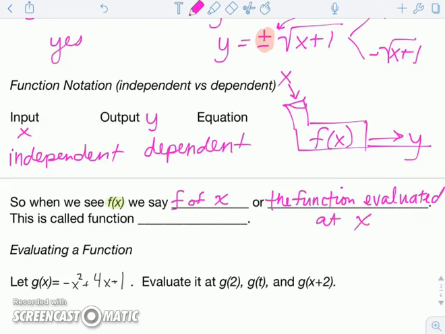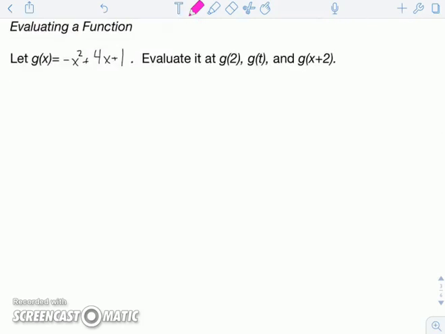But you don't say f parentheses x, you say f of x, or the function evaluated at x. This is called function notation. So how we write functions, how we talk about functions, is a specific set of rules so everyone's on the same page. So let's talk about how we evaluate a function. This might be some review, some refreshing, but regardless, we're going to do a few examples.